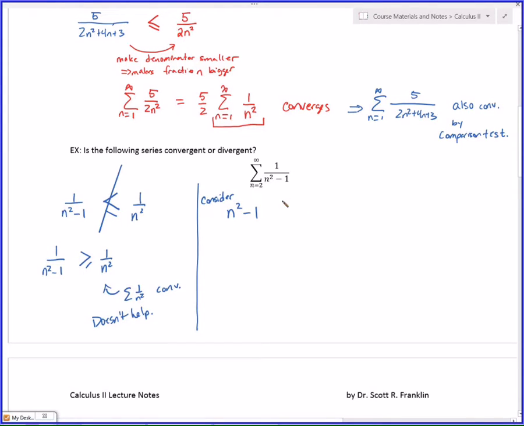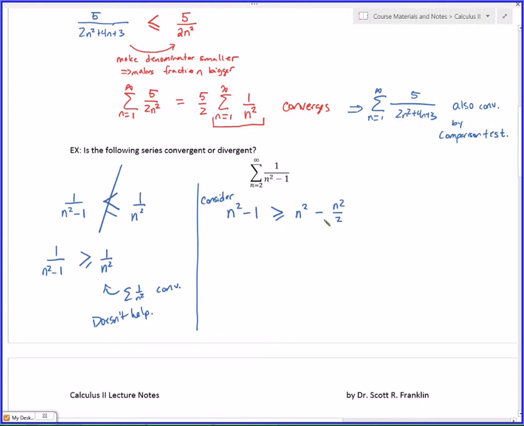I claim that this is bigger than n squared minus n squared over 2. It seems like I'm pulling this out of thin air, but it actually turns out to work, because if I simplify this, I end up with just n squared over 2.